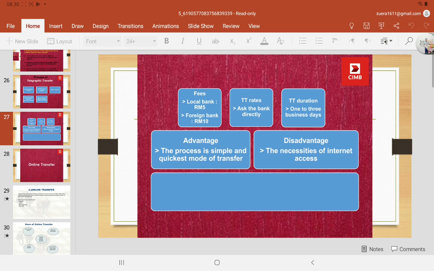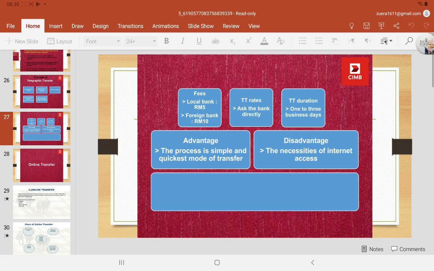And the duration sometimes takes 1 to 3 days to transfer the money, usually to a foreign country. The advantage here is the process is very simple and it is the fastest mode of transferring the money. The disadvantage is that internet access is necessary if we want to use the telegraphic transfer.